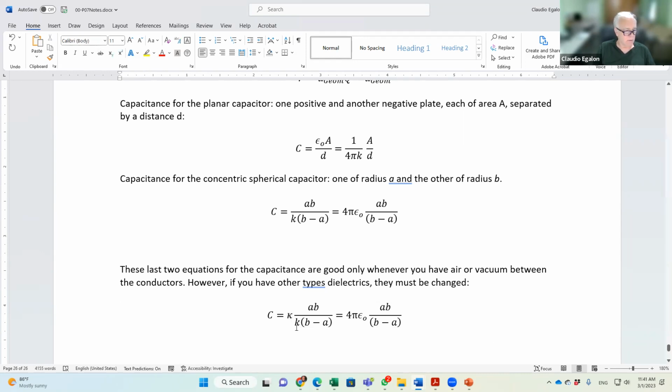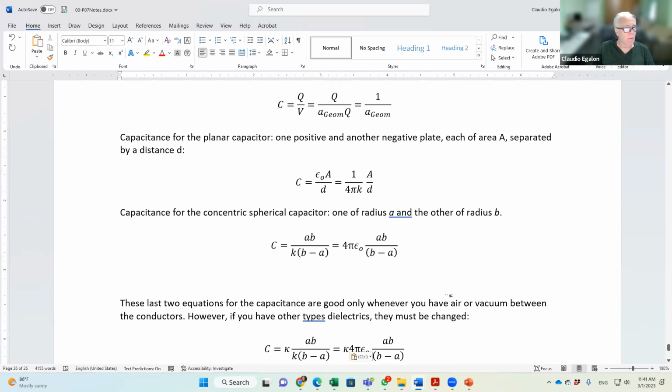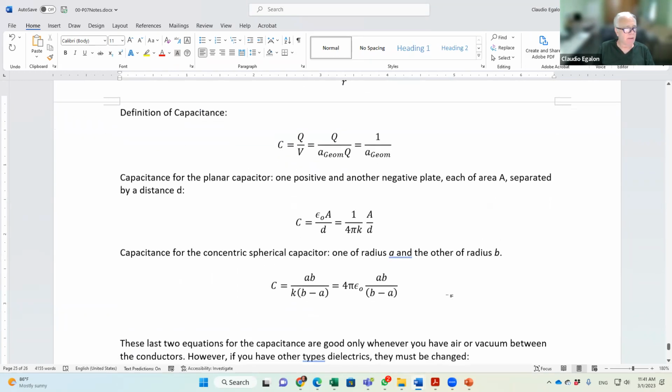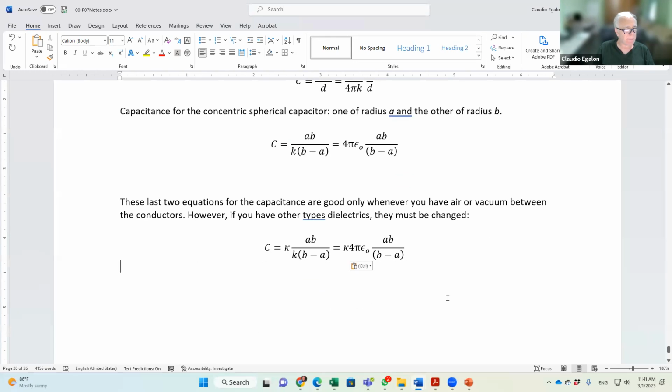It's not the same as this K here. What else? Definition of capacitance. And there are tabulated values for kappa for different types of dielectrics. Okay.